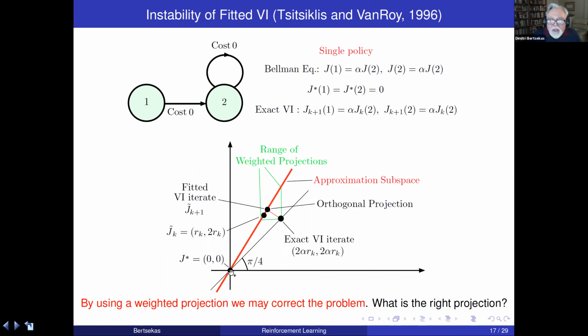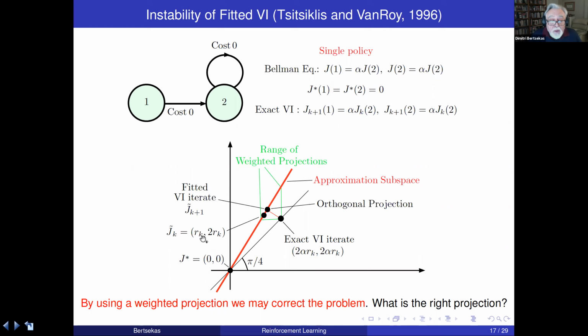In other words, this corresponds to an approximation architecture that involves a single parameter, r, and this architecture is defined by weights 1 and 2, okay? And it's this line here. So we approximate a two-dimensional cost function, two states, on a one-dimensional subspace. That's what this approximation will do.